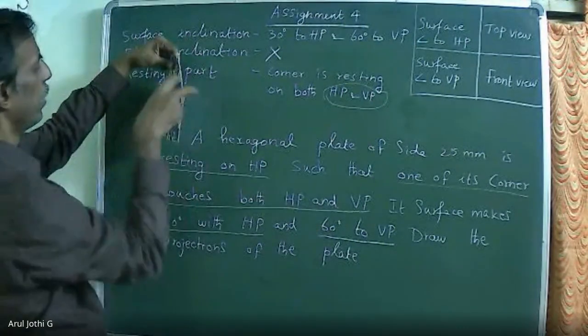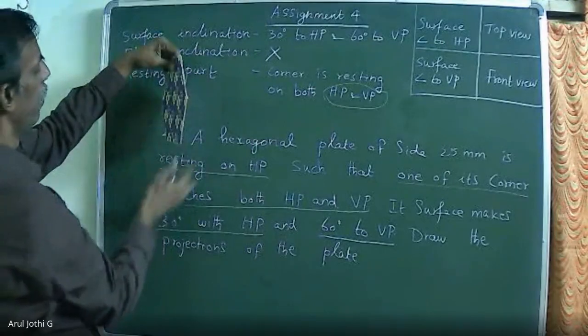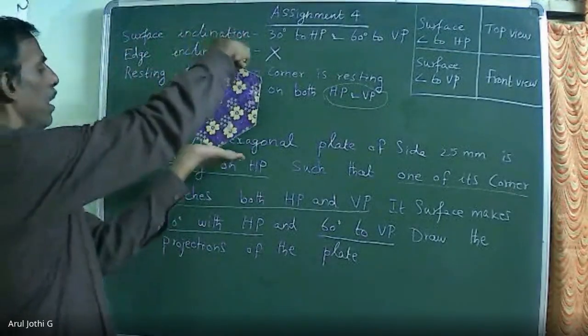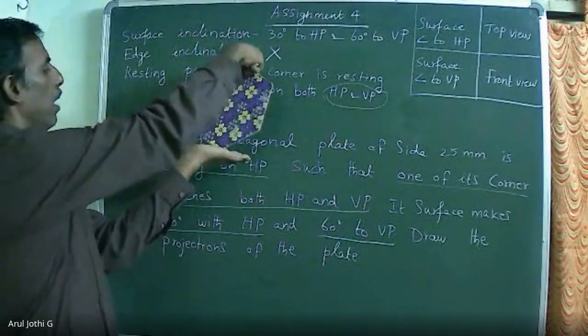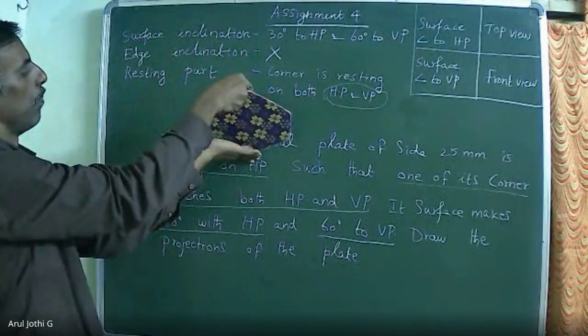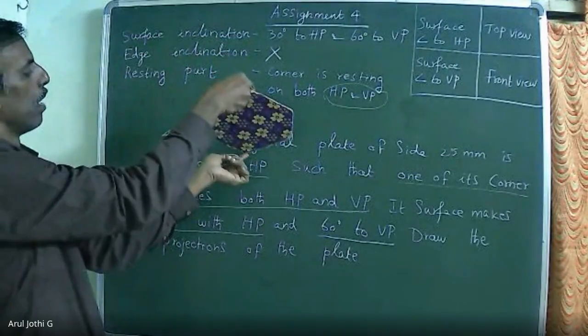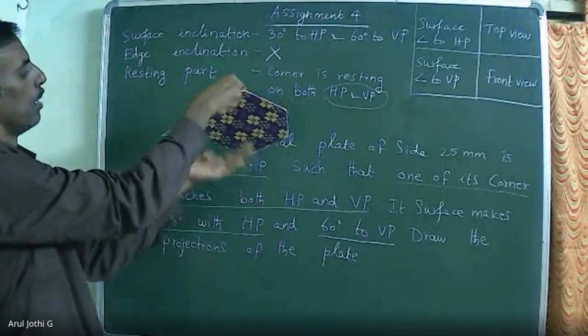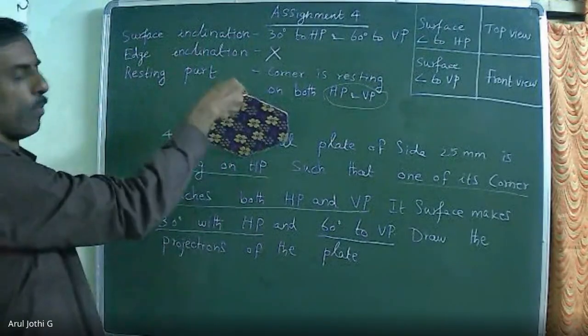This front view, in the second position, you are getting. In the third diagram, you have to rotate this front view in such a way that the corner lies like this. The corner lies on both HP and VP, so that this corner will lie on VP as well as HP. Also, the same angle with the HP and VP will be maintained.